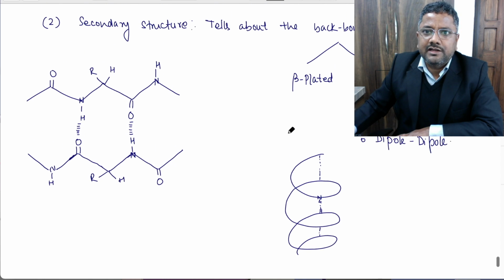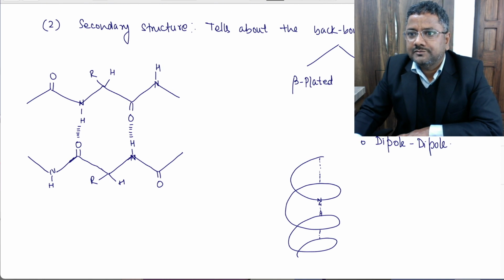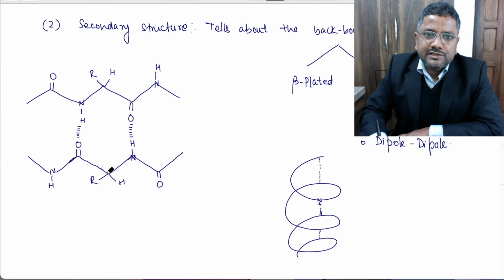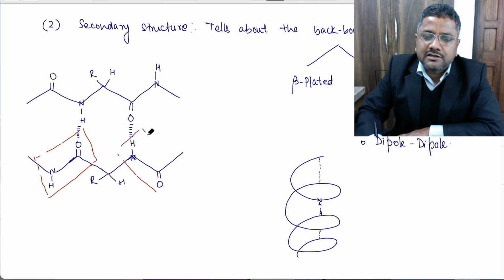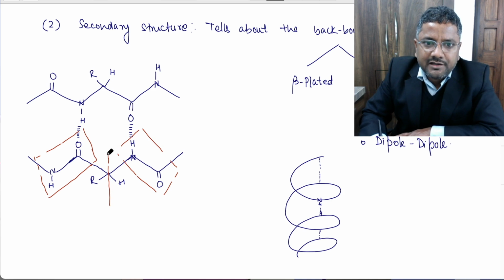And one very interesting fact we have here: this carbon is sp3, and this is a planar structure, CONH. The nitrogen is sp2 hybridized. This is a planar structure. This is also another plane here, and this is sp3. So with respect to this sp3 carbon, these two planes have different angles.